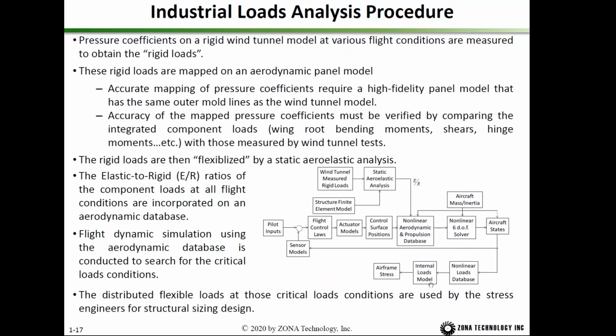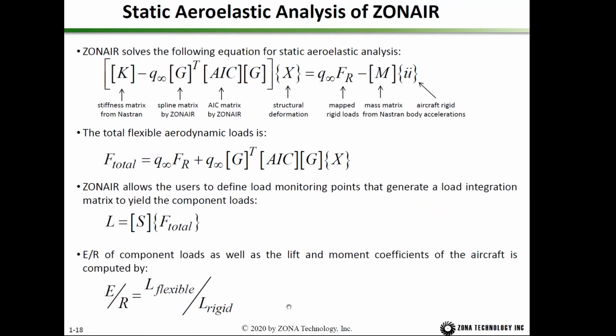Then it can calculate the loads and the pressure, and then you can calculate the airframe stress. So the flight dynamic simulation using the aerodynamic database is conducted to search for the critical loads condition. The distributed flexible loads at those critical conditions are used by stress engineers for structural sizing design.